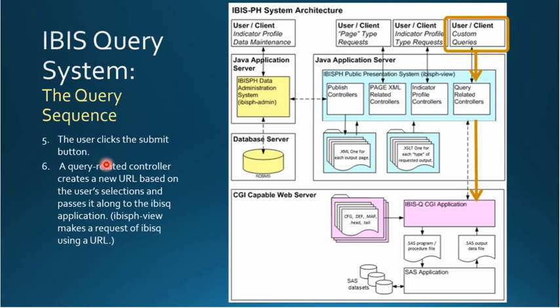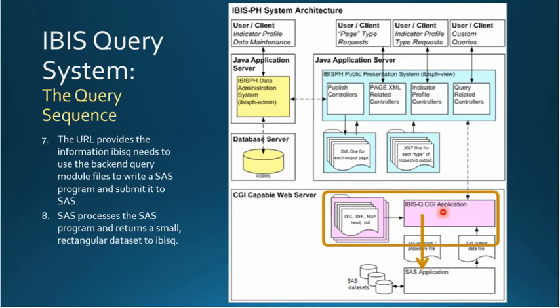So here's what was happening. The user clicked the Submit button, and that told IBIS-View that their selections were complete. IBIS-View grabbed their selections and created its own URL that it sent to the IBIS Query application. That's a special URL, and I'll do a whole video on it later.